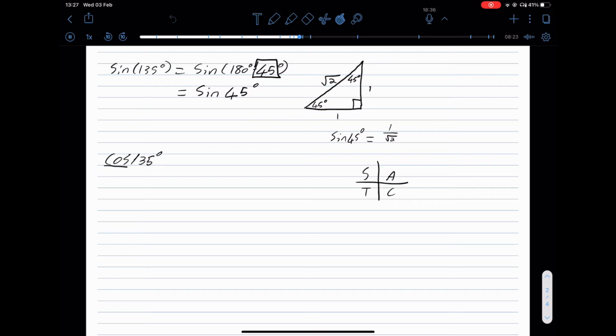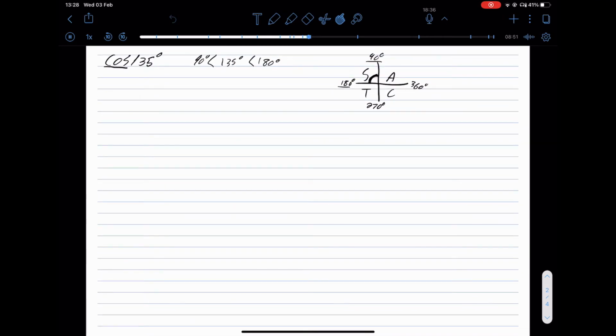We write our angles here. And we decide the quadrant. We can see that, again, 135 degrees is between 90 and 180, and that fits perfectly into this second quadrant.